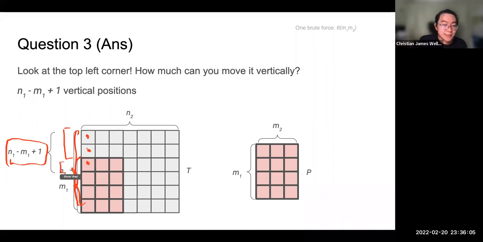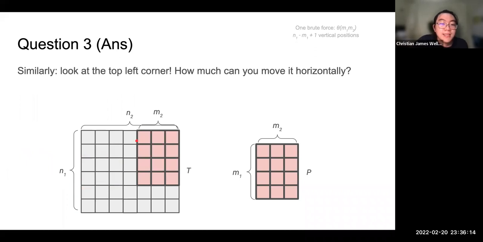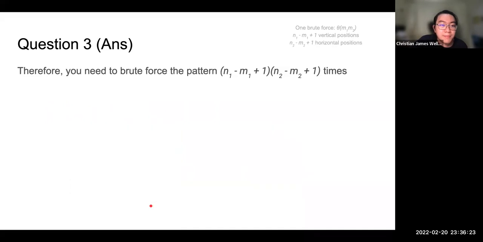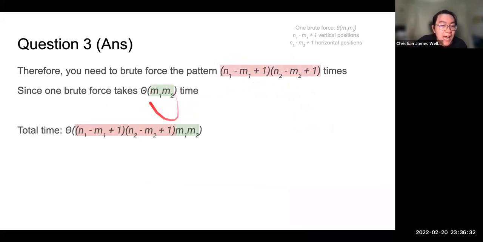I hope this is clear. Horizontally, same thing, it is N2 minus M2 plus 1. So you need to brute force the pattern these two expressions multiplied together number of times, and because each brute force takes M1 M2 time, you just multiply every single one of these things.